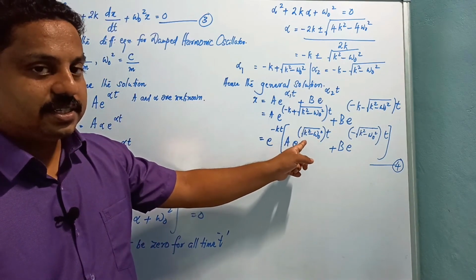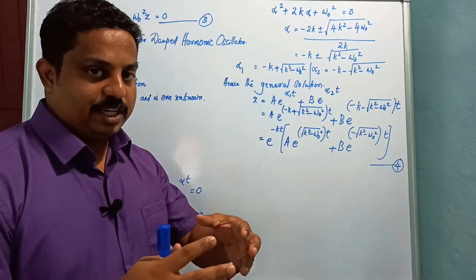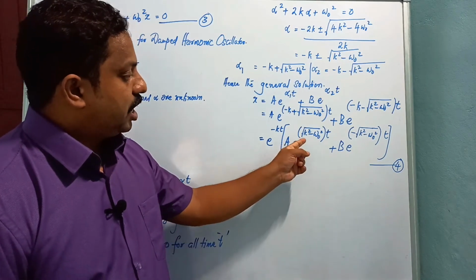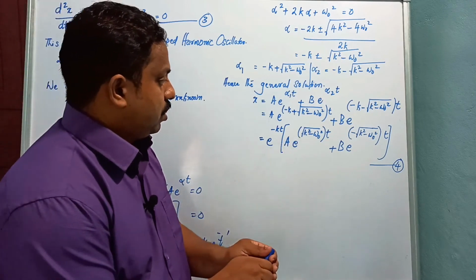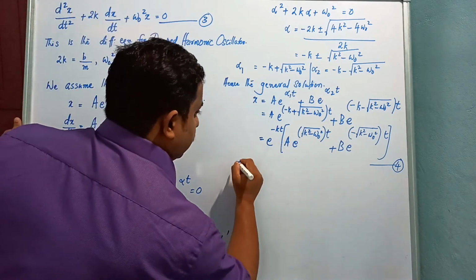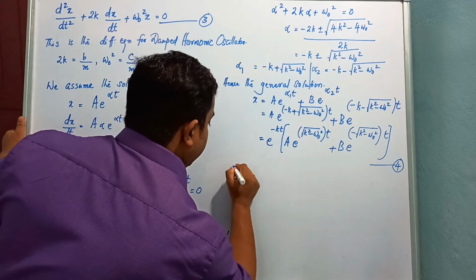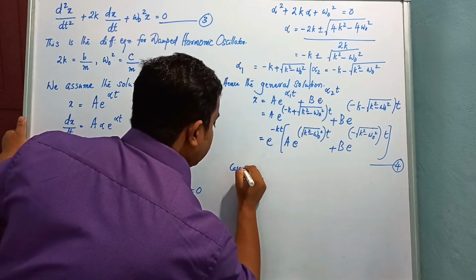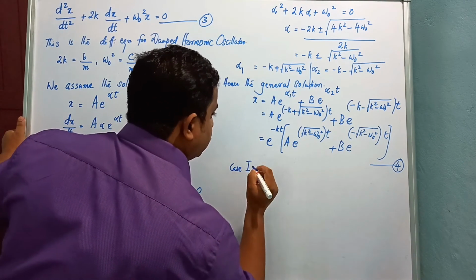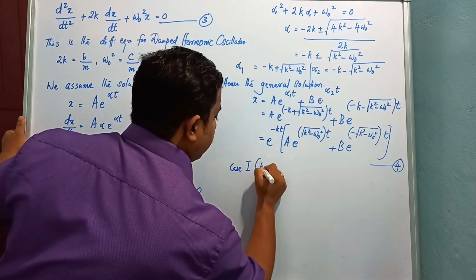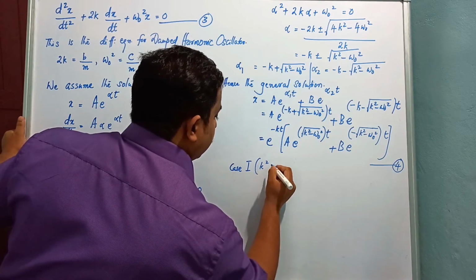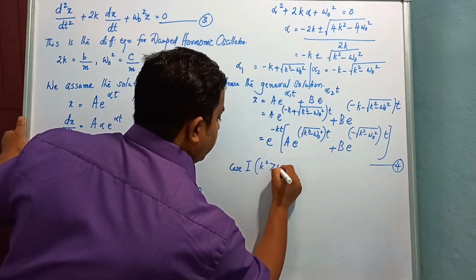there are three cases in which a displaced body can come to the equilibrium position. So case one is when k square is greater than omega 0 square.